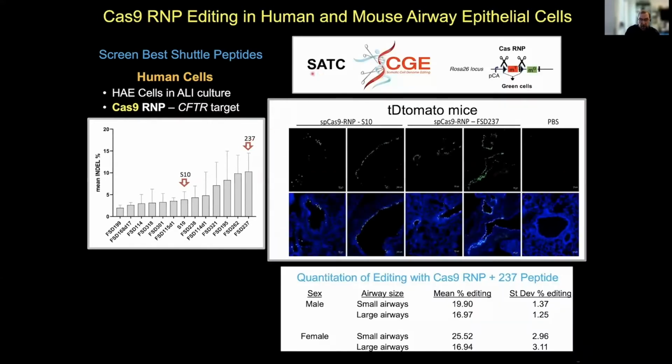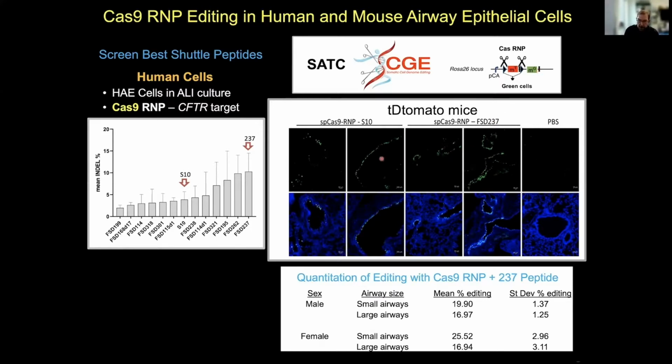And working with the Small Animal Testing Center as part of the somatic cell genome editing program, we were able to have the 237 peptide independently tested for efficiency in the TD tomato mice, again, converting red to green.